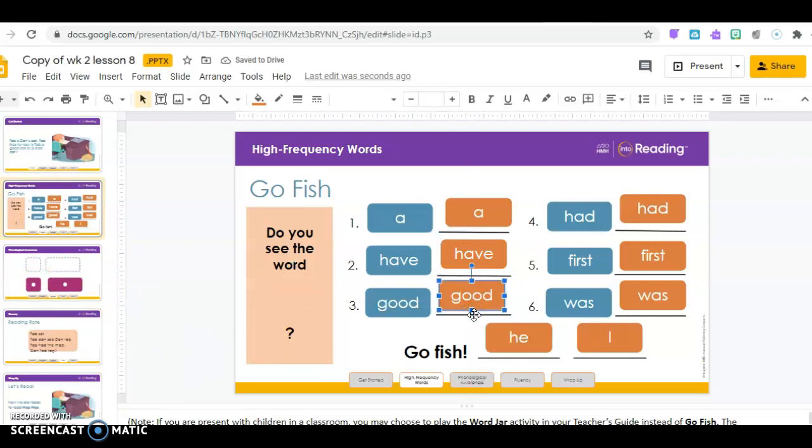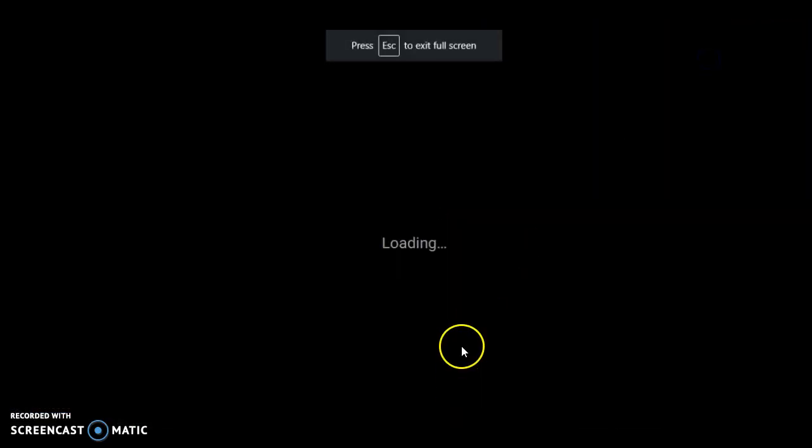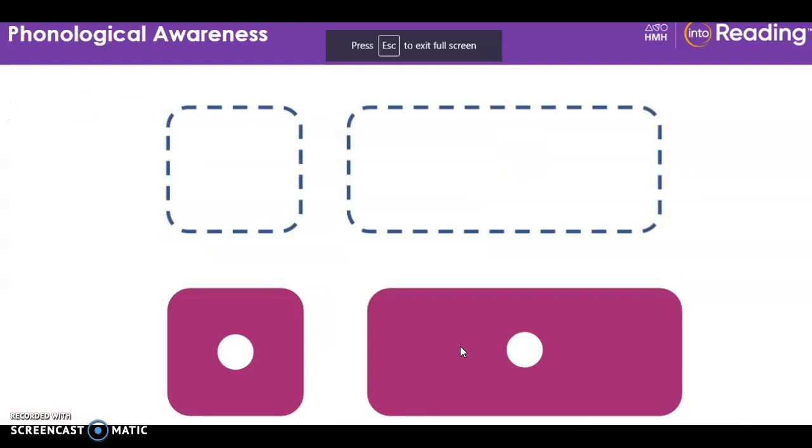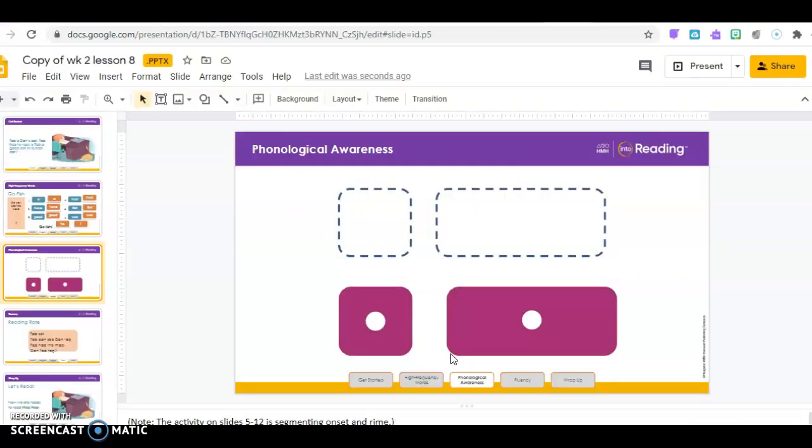Now let's play with the sounds in words. Remember that you know how to break words into chunks. I will say a word and you will separate the word into 2 chunks, the beginning sound and the rest of the word.